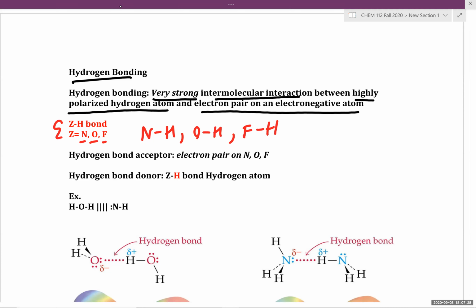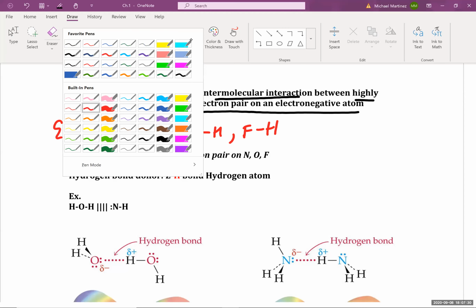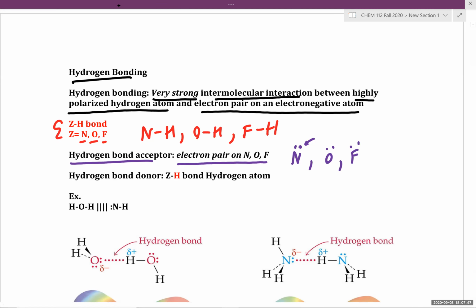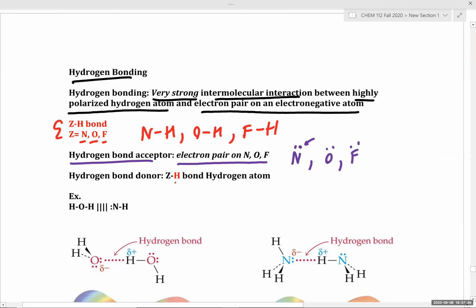Now, the hydrogen bond acceptor is the electron pair on nitrogen, oxygen, or fluorine. So it's the lone pair. The lone pair is the hydrogen bond acceptor. The hydrogen bond donor is the hydrogen atom attached to the ZH bond. So the donor would be this hydrogen atom in our OH bond.